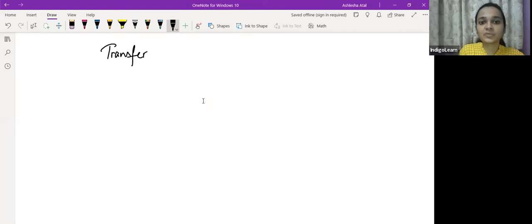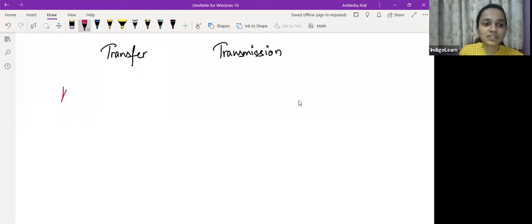These two terms, transfer and transmission, both of them mean different things. There are different meanings to both of them. When we talk about transfer, what happens? Let's understand this with the help of an example.